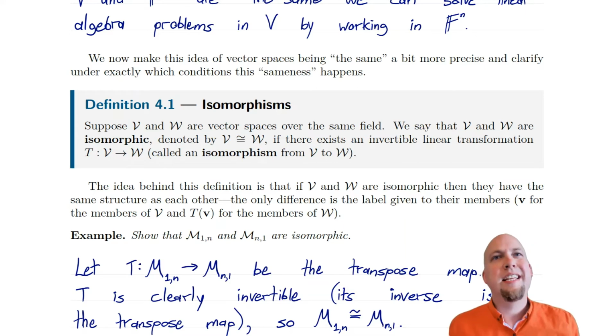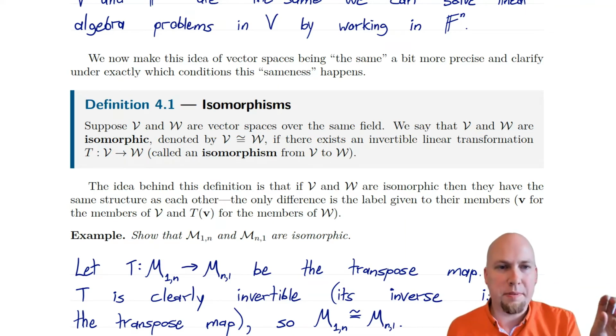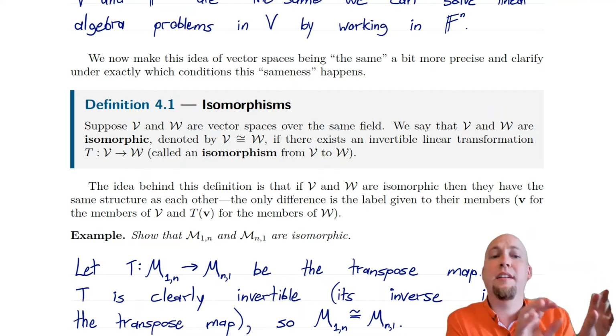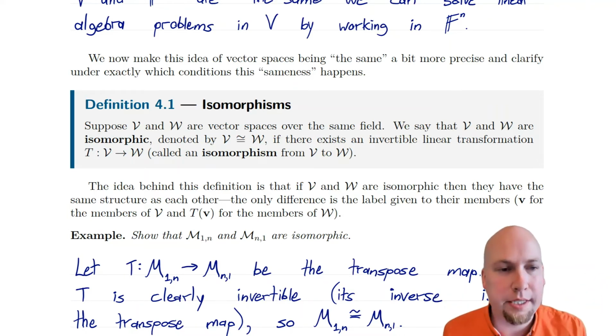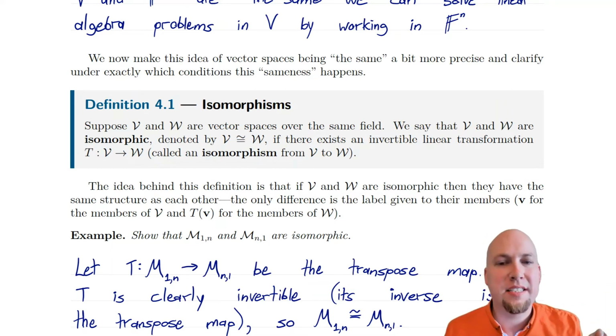Well, then we say that these two vector spaces are isomorphic if there's some invertible linear transformation going between these vector spaces. It doesn't matter what the invertible linear transformation is, there just has to be at least one invertible linear transformation from one of the vector spaces to the other.